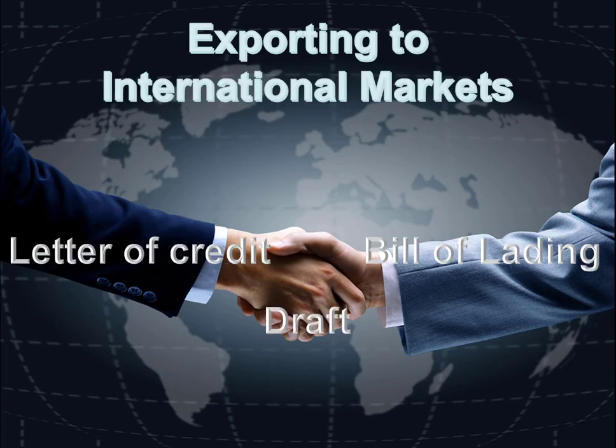I wanted to also talk about letter of credit, bill of lading, and draft. These are all important terms to understand when we're discussing exporting to international markets. Some American companies make products here in the United States and export them to foreign markets. In doing so, a letter of credit is issued by a bank upon request of an importer, stating that the bank will pay an amount of money to a stated exporter.